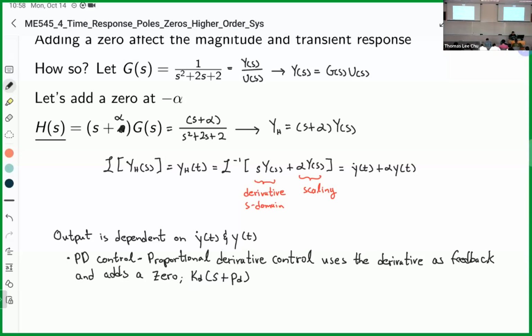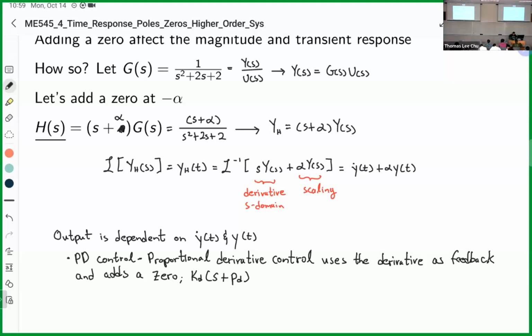You don't need to know that now, but this is looking ahead at what zeros are. In a way, we use it more for math. I don't think there's a physical intuition for it. We just use zeros as a way of changing the transient response time and also scaling the size of that response with the location of the 0. So this is just an example of the application of a 0.